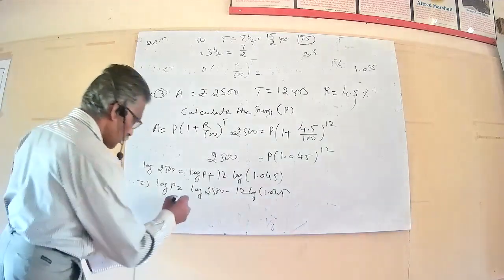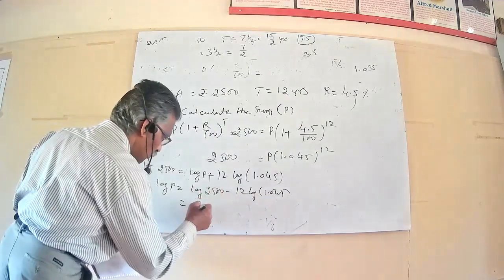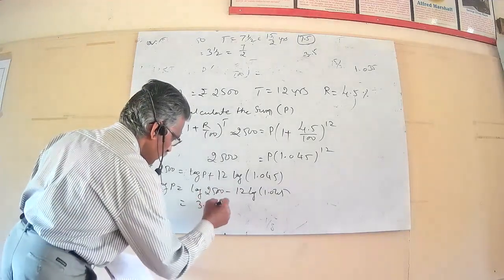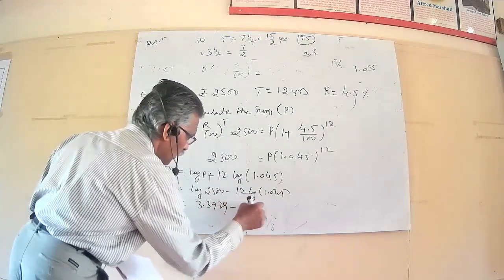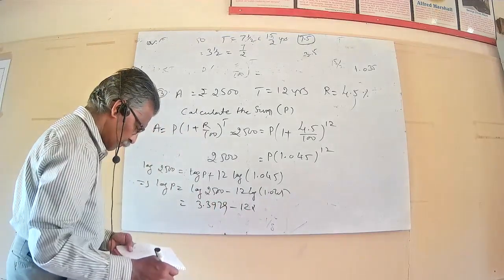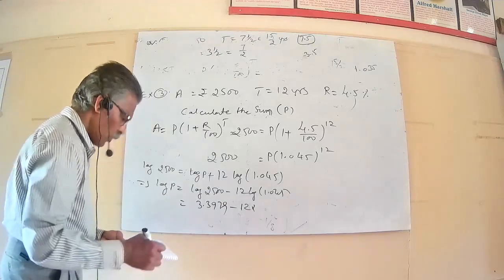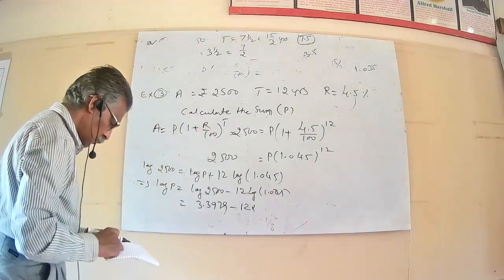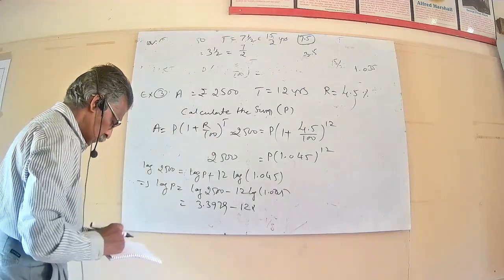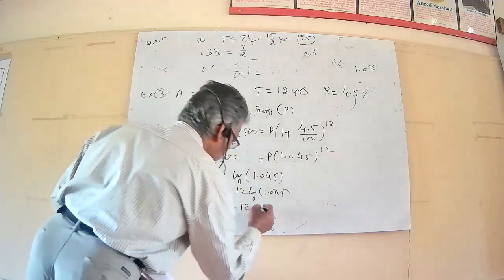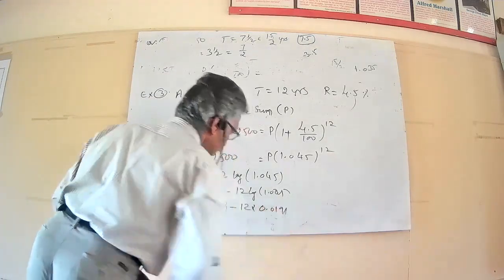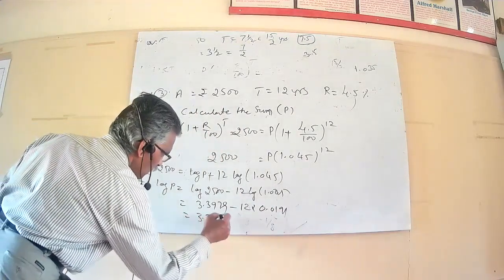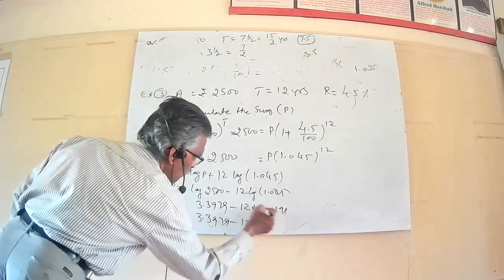Find the log of 2,500. There are 4 digits, so 3 point something, it comes to 3.3979. So 3.3979 minus 12 into log of 1.045. The log of 1.045 comes to 0.0191. So that is 3.3979 minus 12 into this.